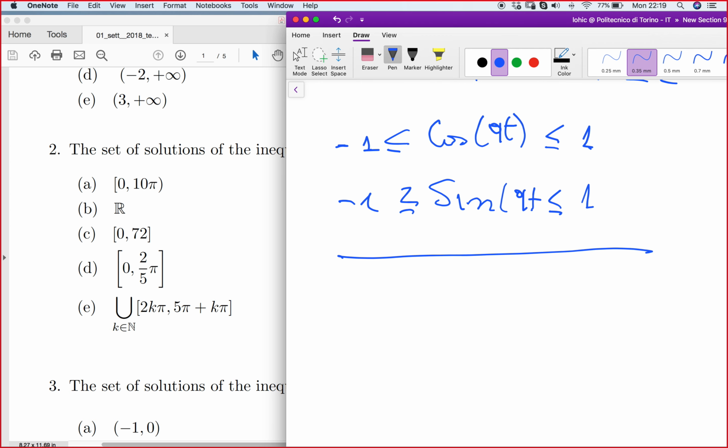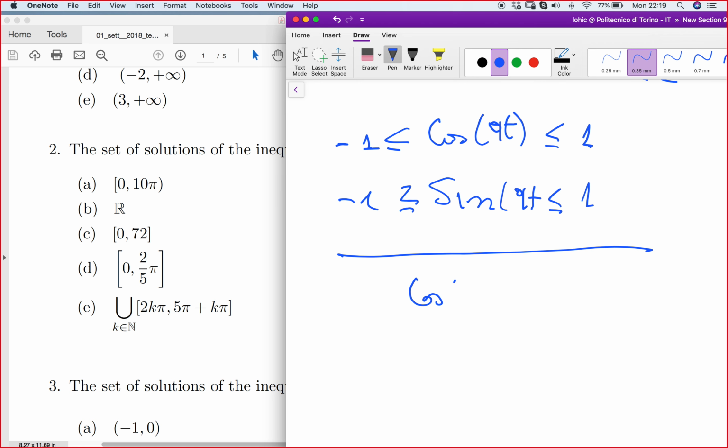Then suppose I sum up the cosine of any quantity plus the sine of any quantity. In the worst case, what will I get? If I do this plus this, in the worst case, I get minus 2.